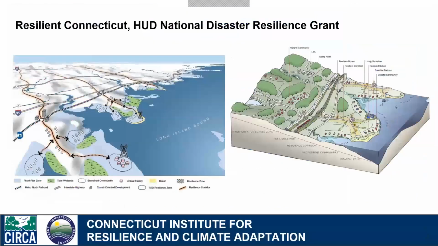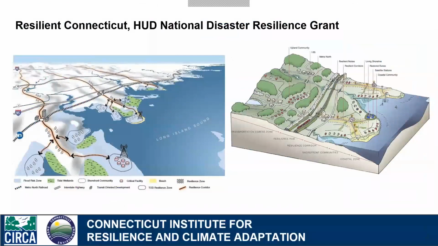This is really one of the last tasks associated with the grant. It's tied in certain ways to Resilient Connecticut, the HUD National Disaster Resilience Grant, in the sense that it feeds into the importance of linking visualization and planning with technical analysis.